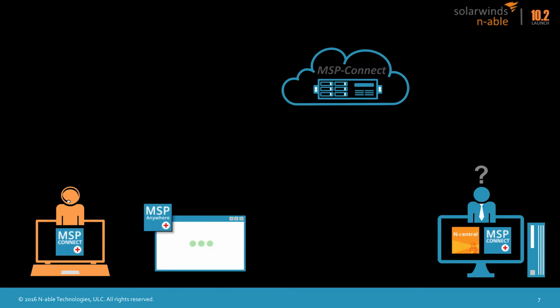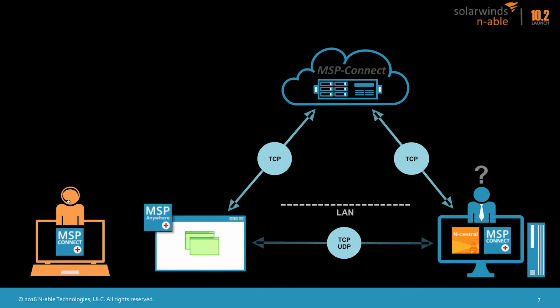Now, how does that connection actually work? For on the LAN connections, it either uses TCP or UDP peer-to-peer connections. When you're over the WAN, UDP is also available when the firewall supports UDP hole punching. For all connections that don't support peer-to-peer connections, TCP through our global gateway network, of course, will be very, very lightning fast and give you all the features you need to connect to that end device.